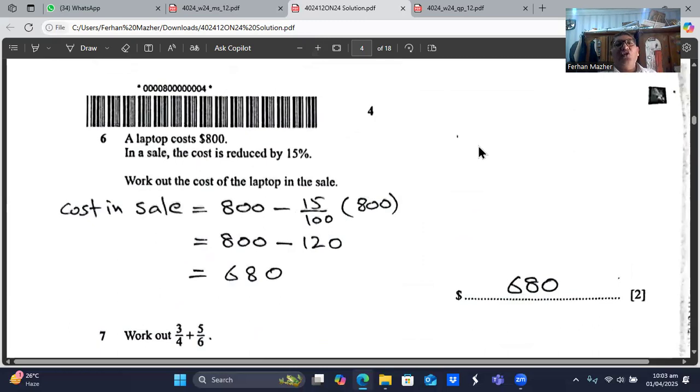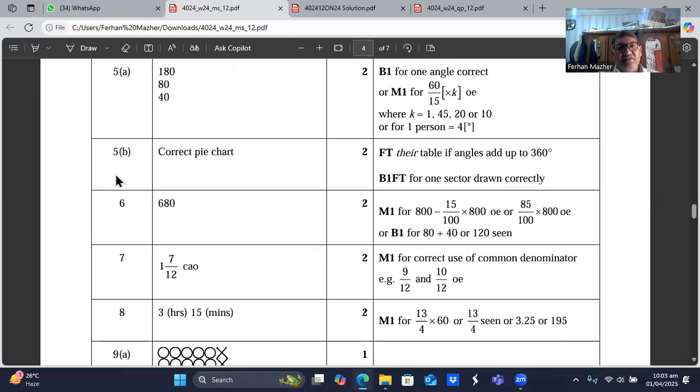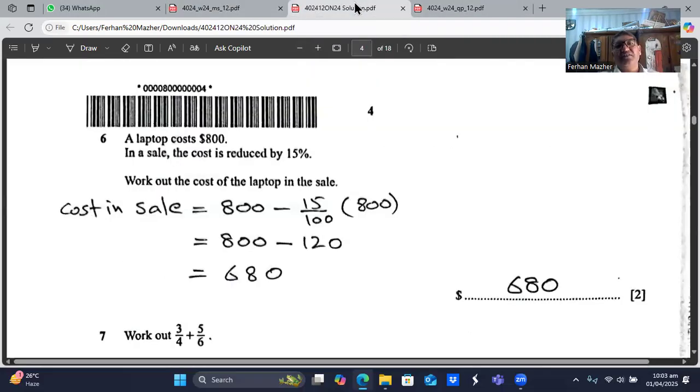The cost in the sale will be marked price minus the discount, and the discount is 15% of 800. So 800 minus 15% of 800. That is 800 minus 120, and that is 680. So $680. The answer is right. This is how this is done.